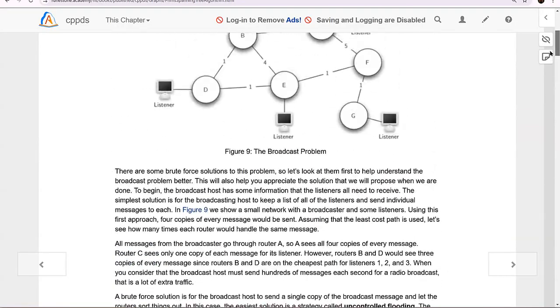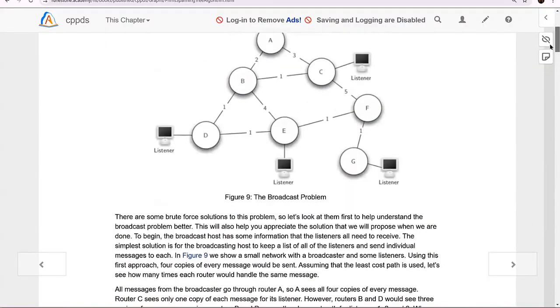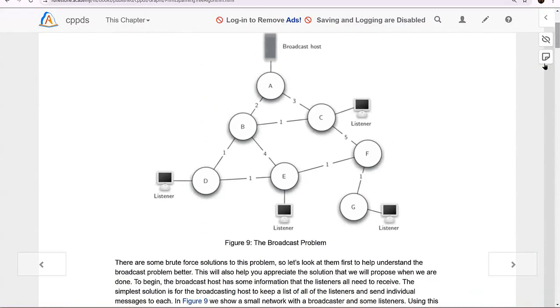Okay, so this minimum spanning tree can be used for this broadcast problem. The broadcast problem means that you have so many receivers or listeners that you need to reach. So by connecting which nodes can give you the minimum spanning tree.